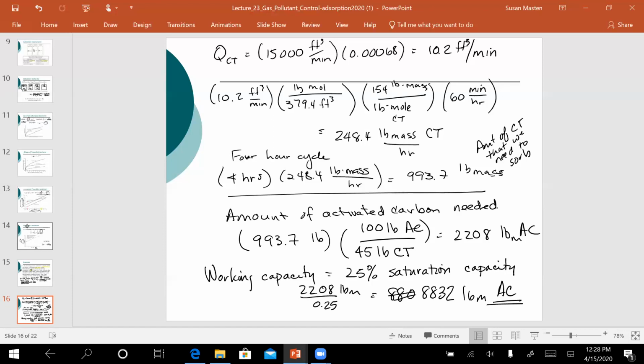We'll finish adsorption on Monday, and we'll look at condensers. The last thing we'll look at on Wednesday is incineration, and that should pretty much finish what I planned on covering. If there are any questions in the last couple of minutes, happy to answer those.